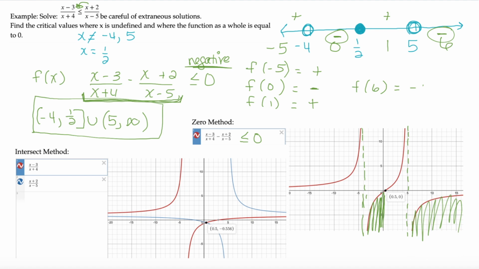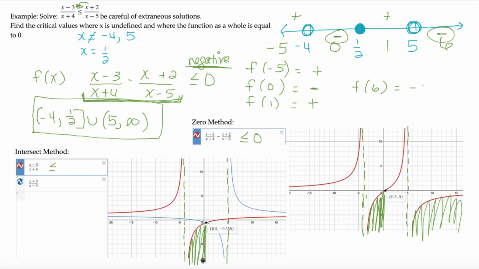Or I can ask myself, where is my red graph less than or equal to my blue graph when we do the intersect method by setting them each equal to 0. I can see that my red graph is smaller than my blue graph, going from, again, here are our asymptotes, my red graph, the left-hand side, is less than the right-hand side from here to here.